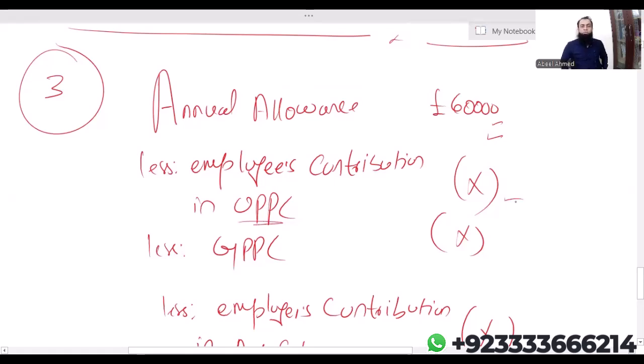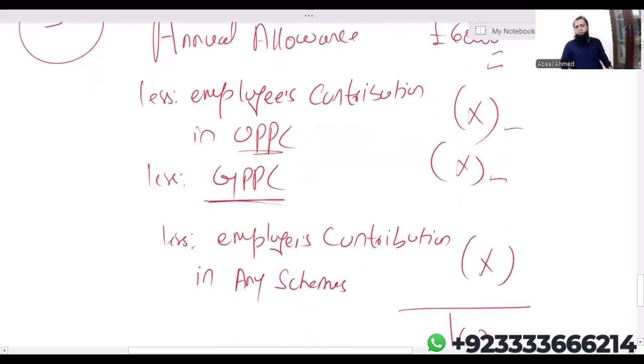If the employee is contributing in a personal pension, then deduct the gross PPC. If your employer is very nice and is contributing for the employee, either in an occupational pension plan or in a personal pension plan, that will also be deducted.